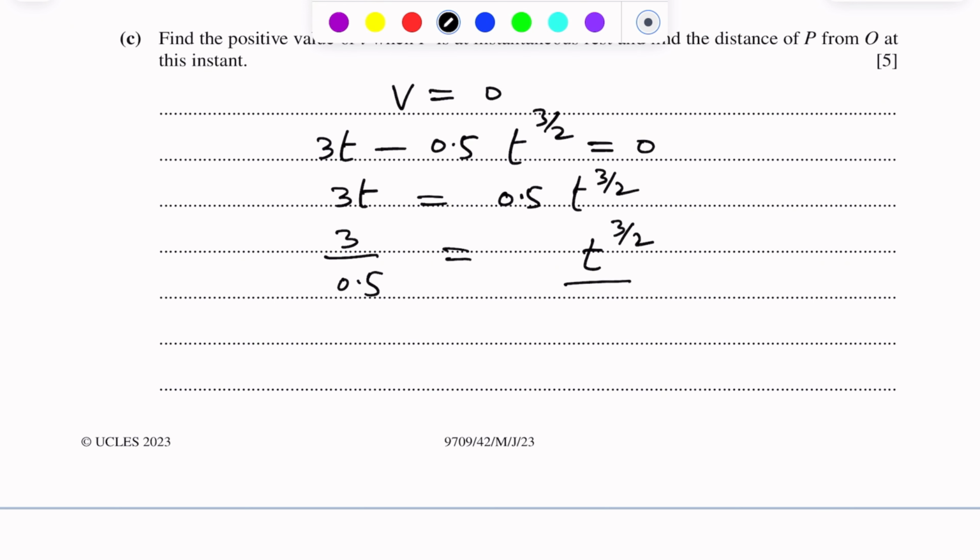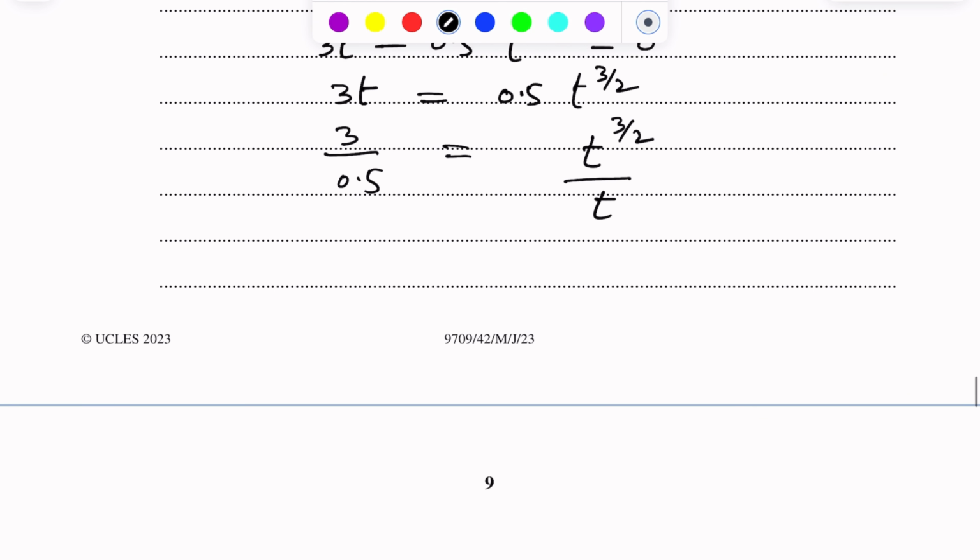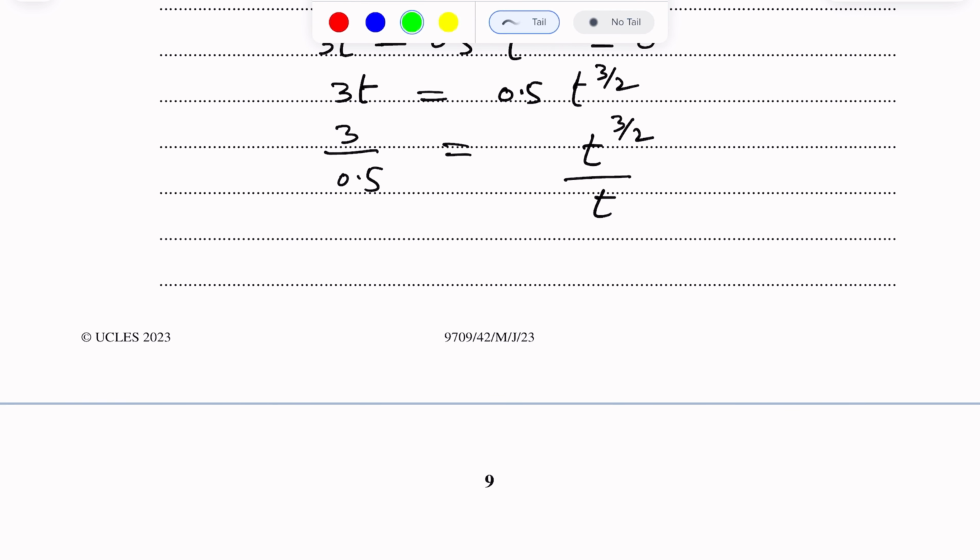So over t. So left side 3 over 0.5 is 6. In the denominator on the left side t is t power 1.